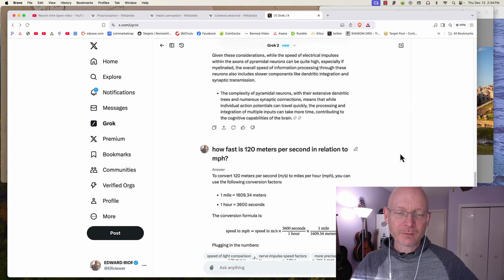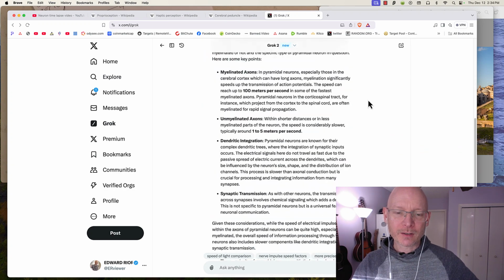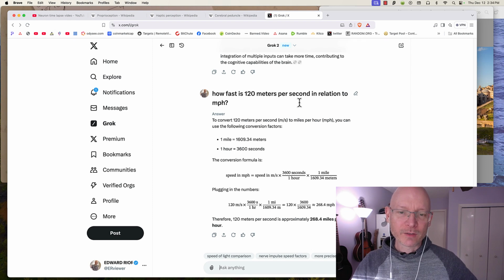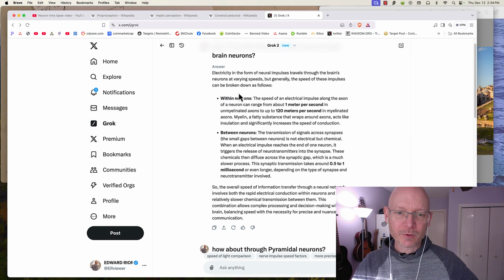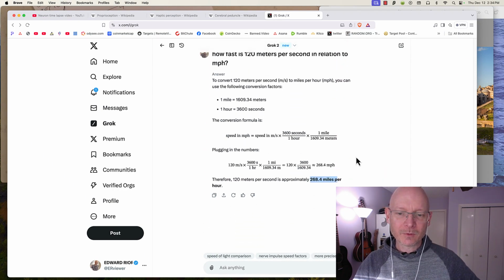I said, okay, well, let's just take this as an example. I went for the high number, 120 meters per second, kind of a best case scenario. But how does that translate into miles per hour so I get a better understanding of it? It translates into approximately 268.4 miles per hour, in a fast situation, with a specific kind of neuron and specific type of activity. So I took the high route.